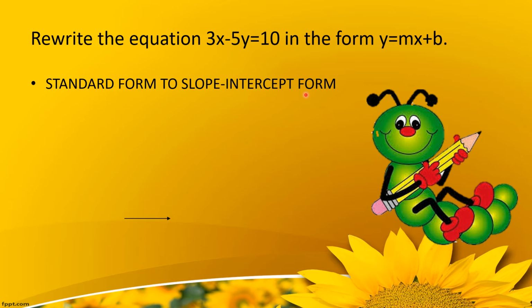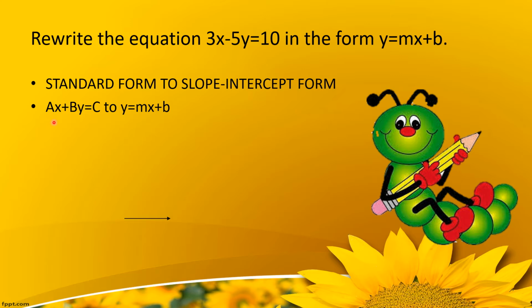So, what is the standard form? It is ax plus by equals c to slope-intercept form y equals mx plus b. So from this form, ax plus by equals c, ato siyang himuon into y equals mx plus b.